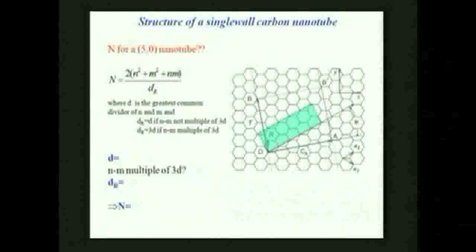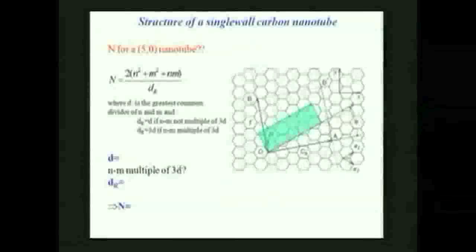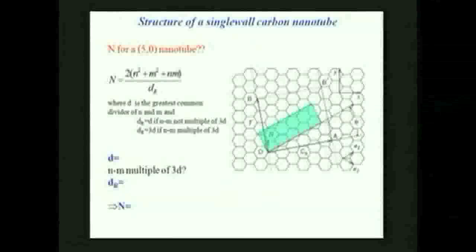Let's do the same for a zigzag. Keep in mind that for a zigzag, the chiral angle is equal to 30 degrees. So all the zigzags have their unit cell cut in the graphene sheet in the direction of a1, the unit vector of the graphene sheet. Let's start with a (5,0) nanotube. You start from the origin, you plot 5 a1, and you go to this point.